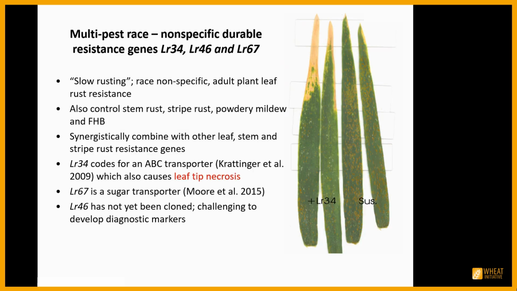There are also non-specific, more durable resistance genes: Lr34, Lr46, and Lr67. They are multi-pest, also controlling other rusts and powdery mildew, even FHB, Fusarium head blight. They're also called slow rusting genes, and often they're used in combination with the single race-specific resistance genes.